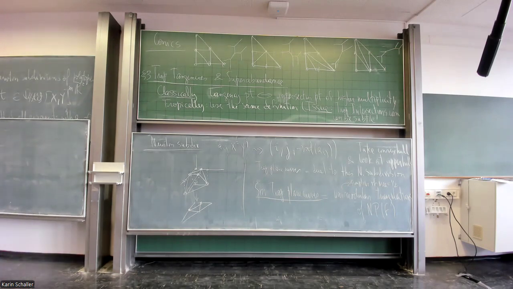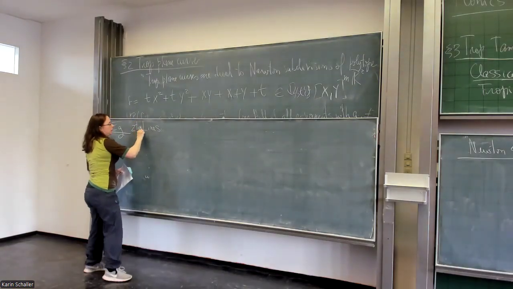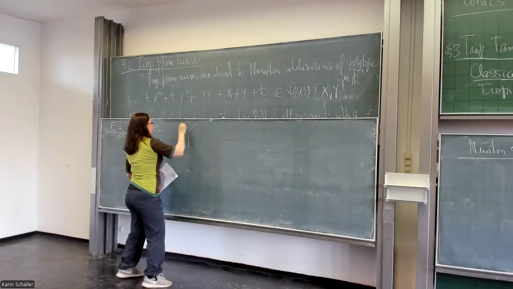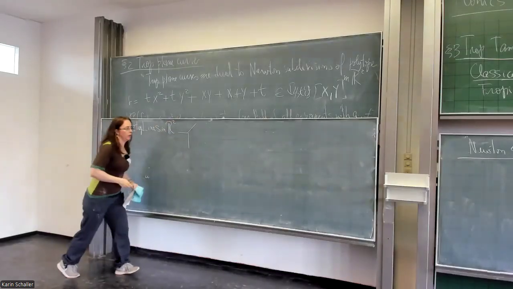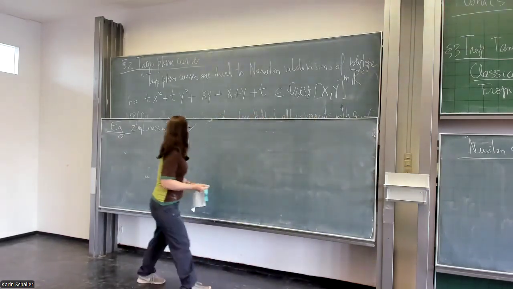Okay, so for example, let's say I take two tropical lines, and I want to intersect them, the lines we saw earlier. Let's say two tropical lines in R2. So this will be one line, and I have another thing that looks exactly the same.